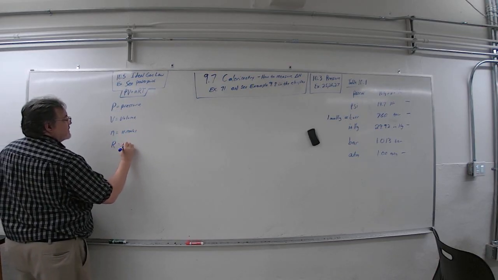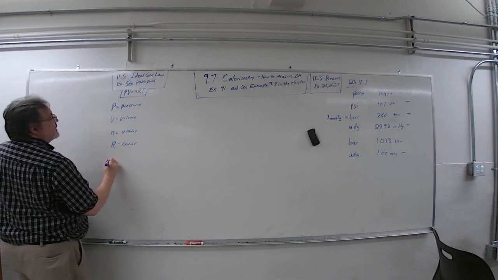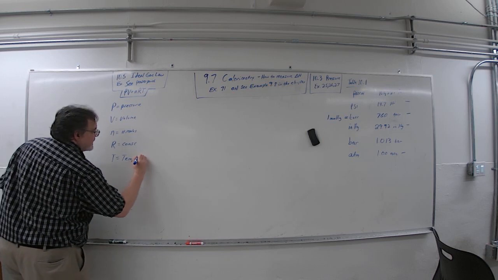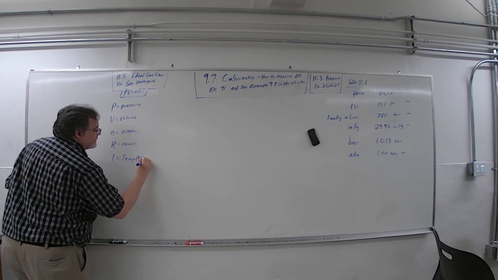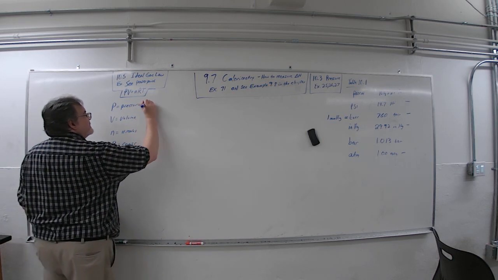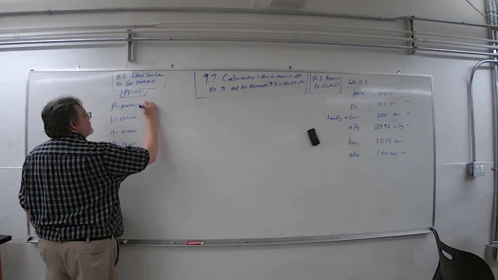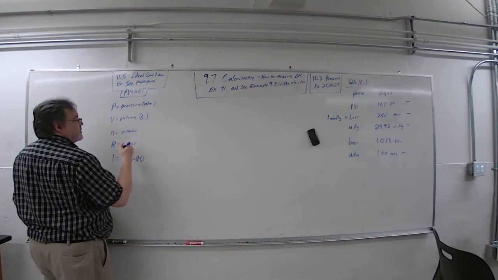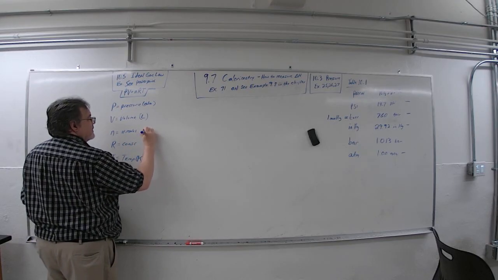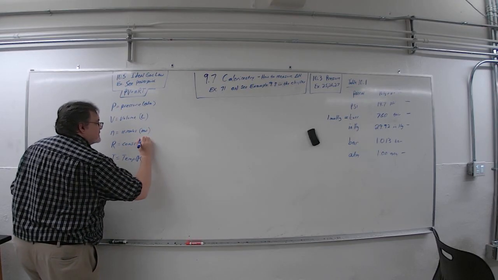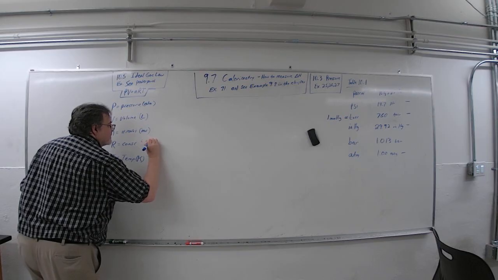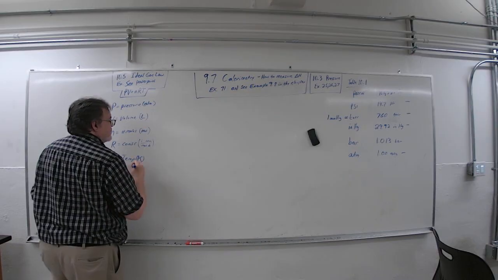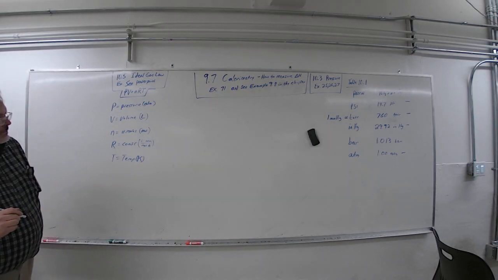R is a constant. And then T is temperature. But be careful, this needs to always be in Kelvin. Pressure is usually in atmospheres. Volume is pretty much always in liters. Moles is moles. And the constant is liters, atmosphere, per mole, Kelvin, usually.